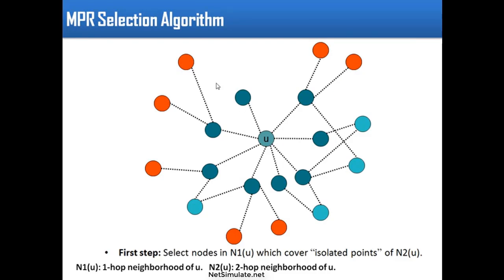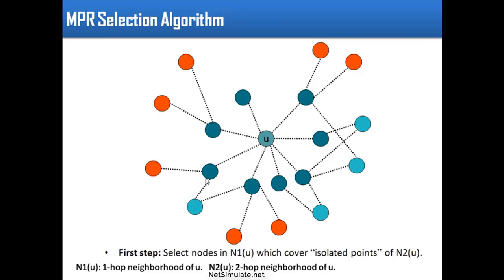So it will follow the first step, which is to cover isolated points of N2 of u. A node which is connected with only one neighbor of u. So this node is connected with one neighbor of u. This node is also connected with one neighbor of u.